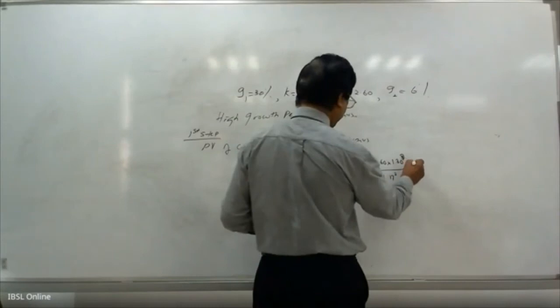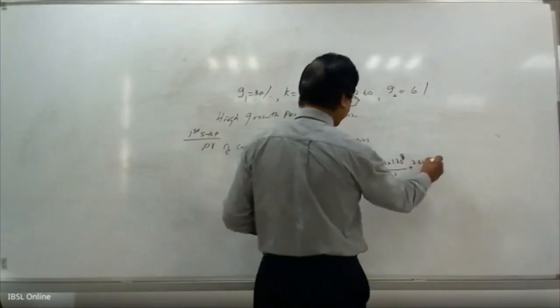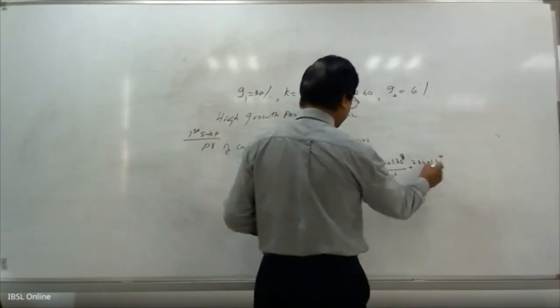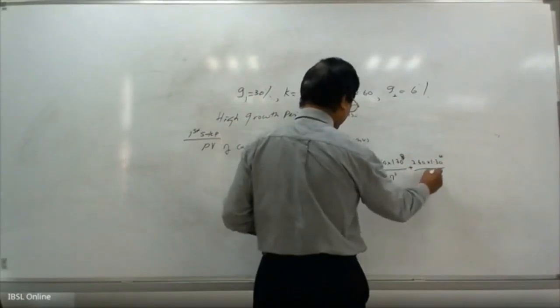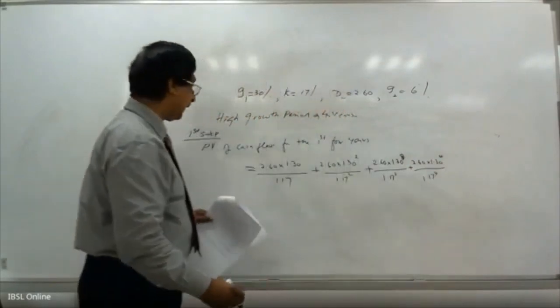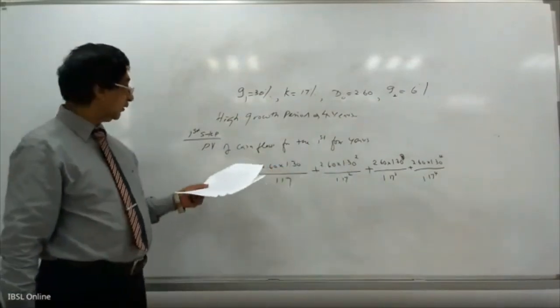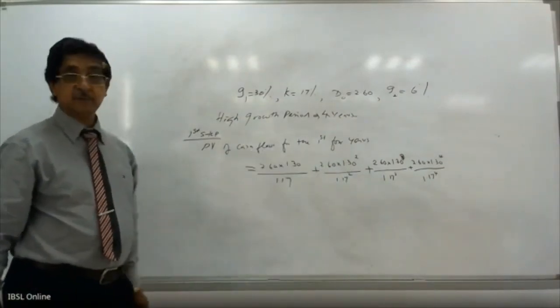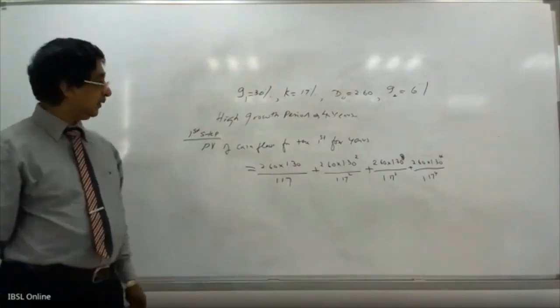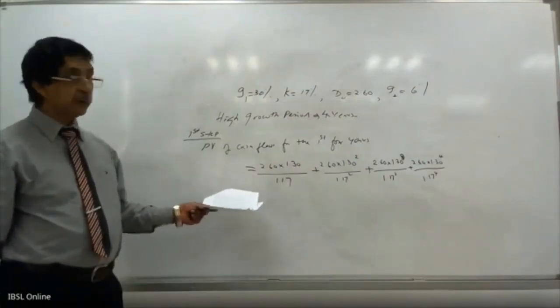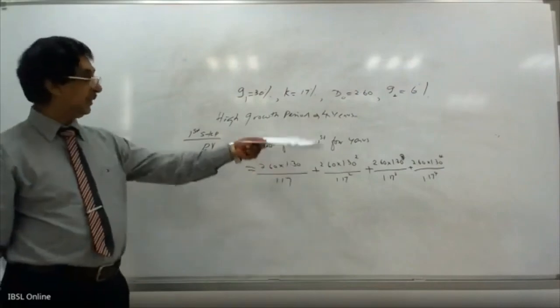The fourth one, 260 into 1.30 to the power 4 divided by 1.17 to the power 4. Now these are the cash flows for the first 4 years, and we can just calculate it, or we can keep it as it is.